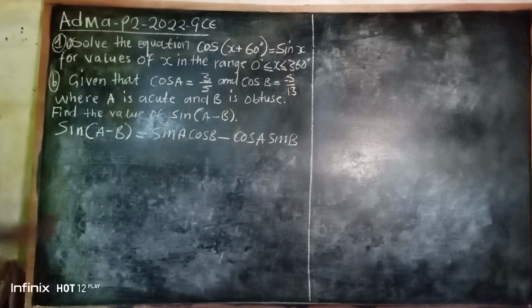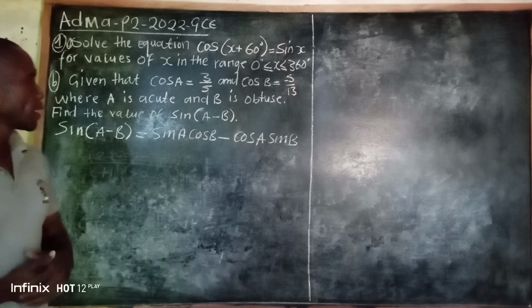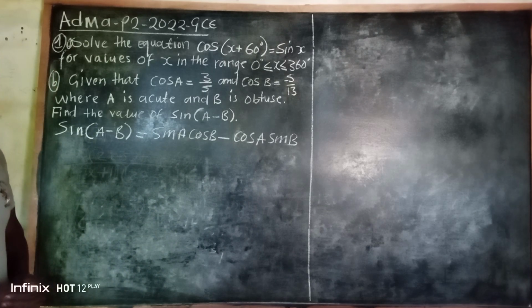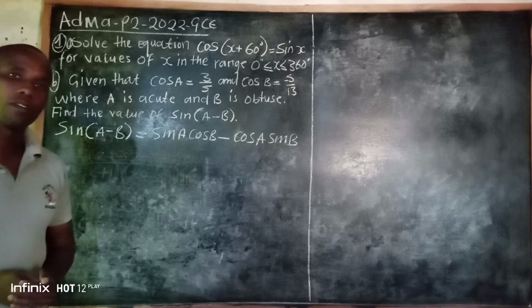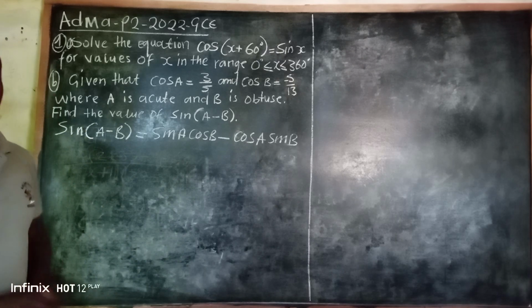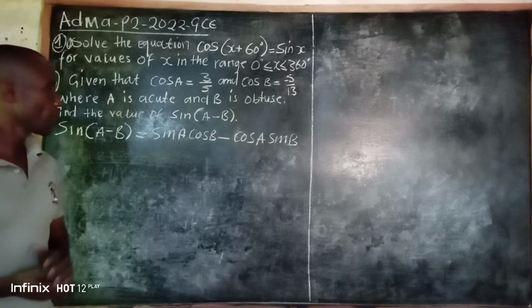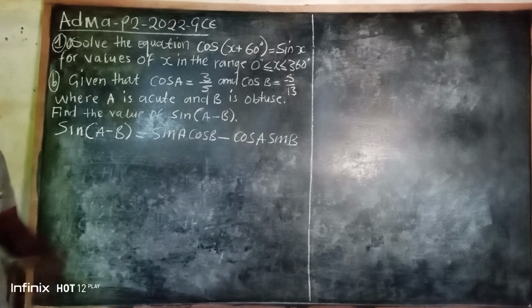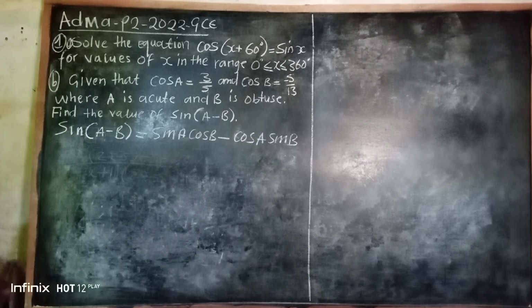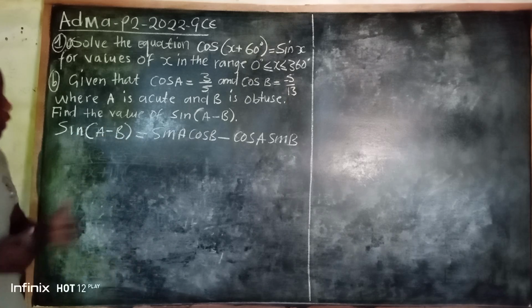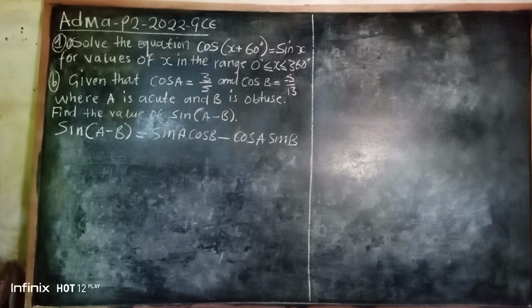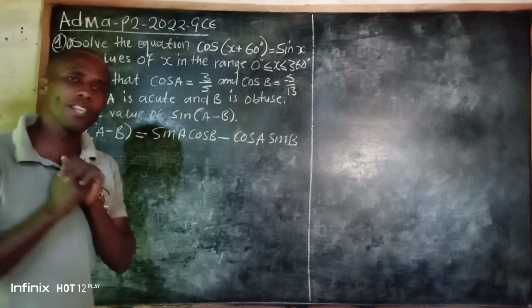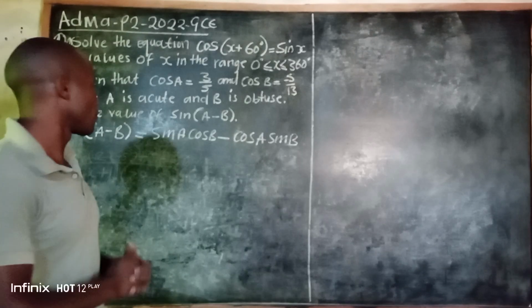Okay, so when finding sine A and sine B, you have to follow one of the identities in trigonometry. Remember, in the first place, I did mention that if you want to be very good at trig, you need to master all the identities that are involved.